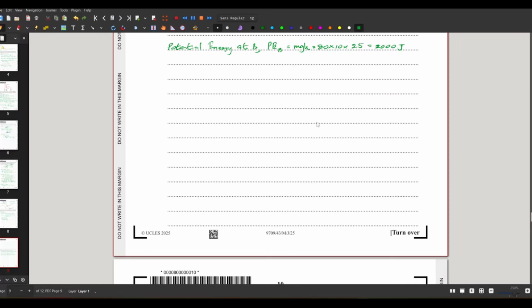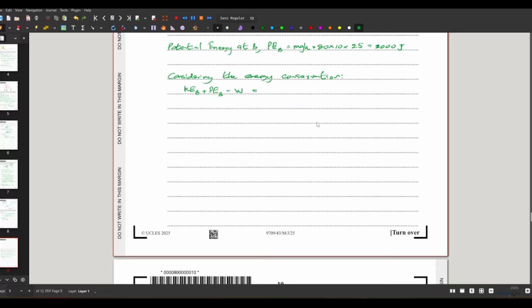So we can consider the energy conservation. We can say kinetic energy at point B plus potential energy at point B. This is the total, and we have to do some work against the resistance.